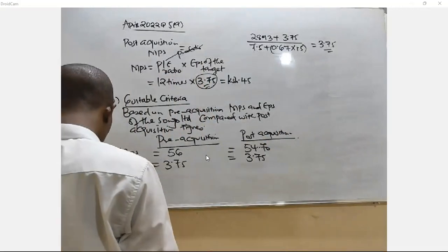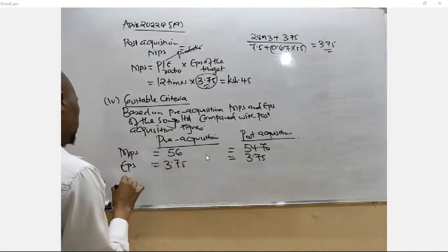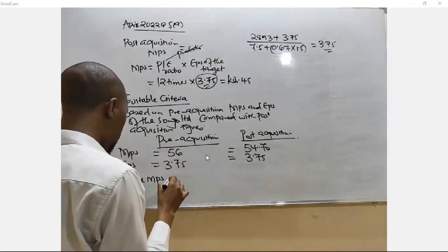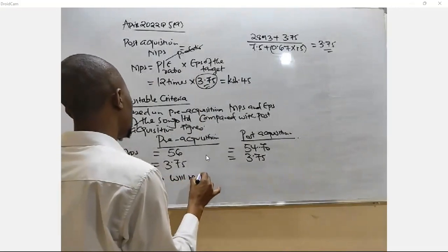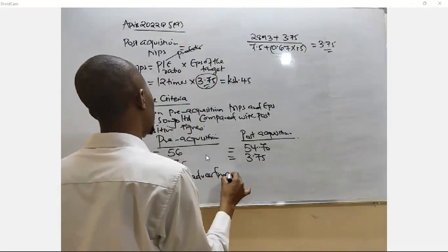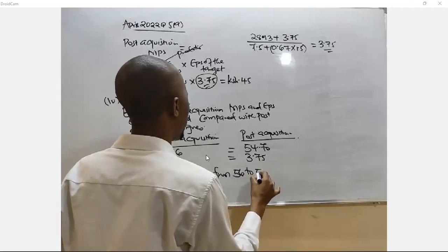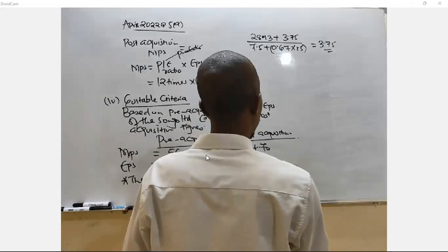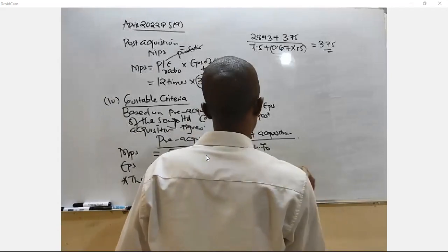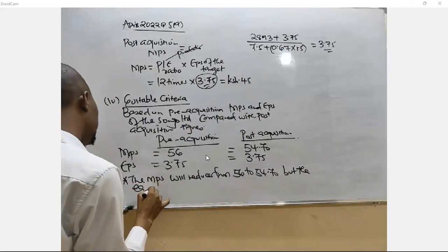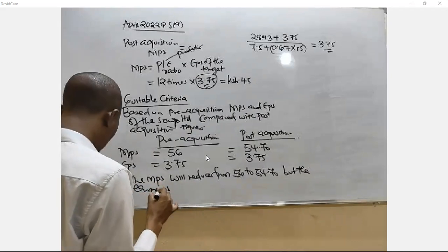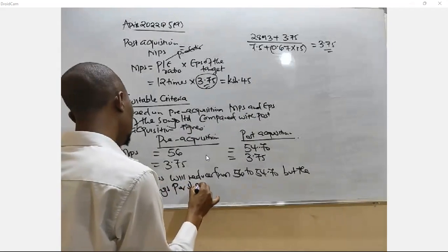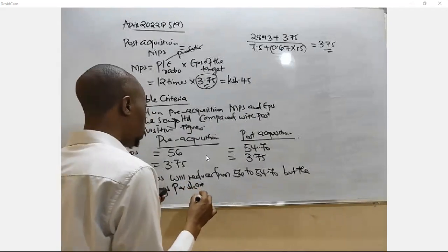So in this case, you can say the market price per share will reduce from 56 to 54.70, but the earnings per share will remain the same.